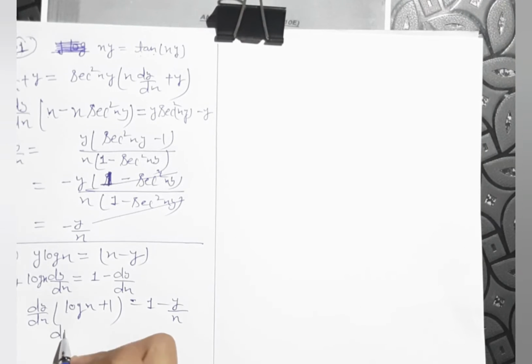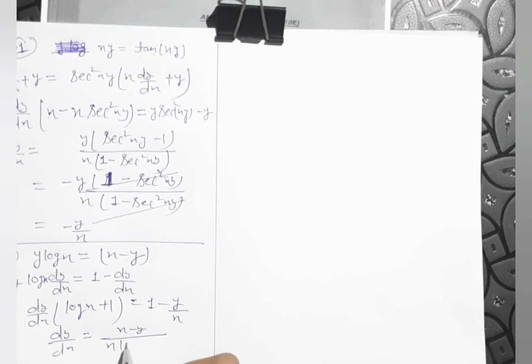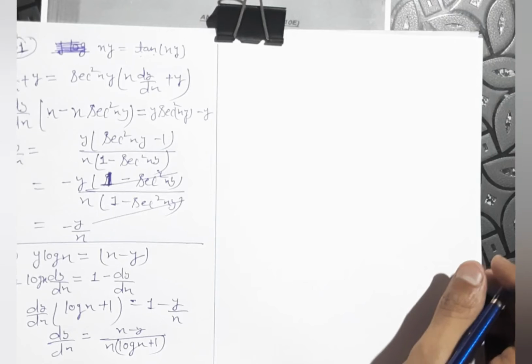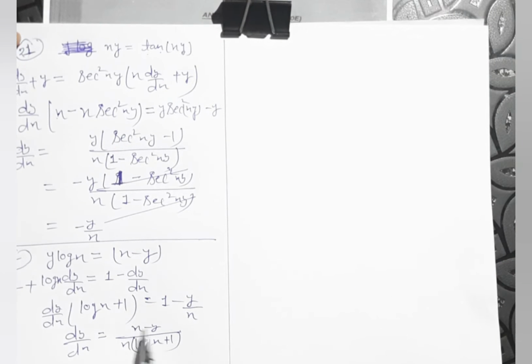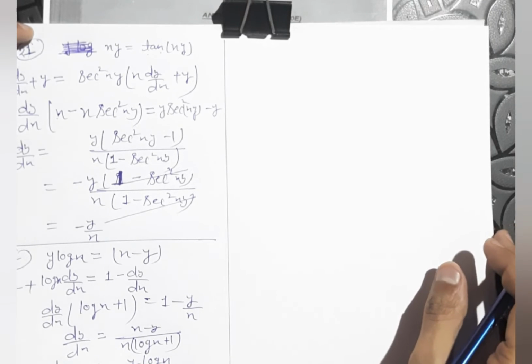Okay, now dy/dx equals (x - y) divided by x times (log x + 1). Okay, now from equation first we can write the value of x - y as y log x. So this is y log x divided by x times (log x + 1), and it is going to equal dy/dx.